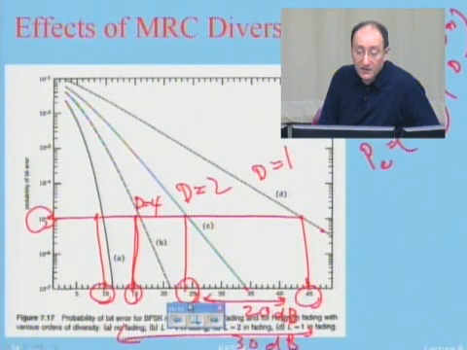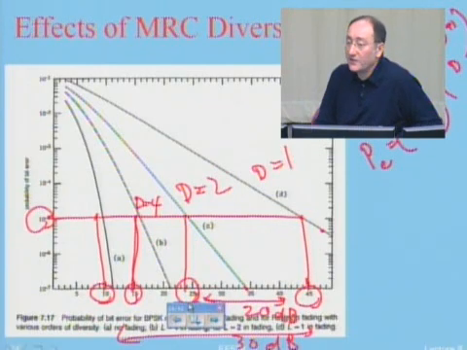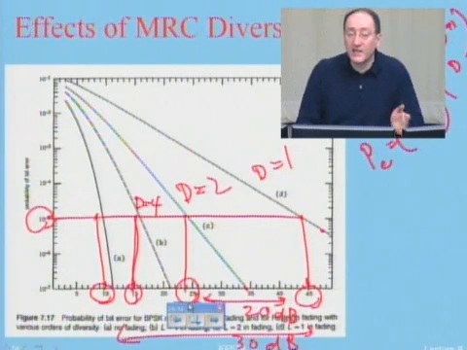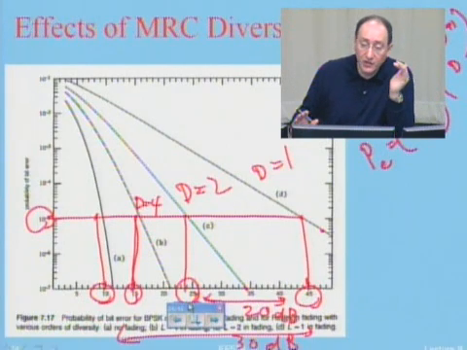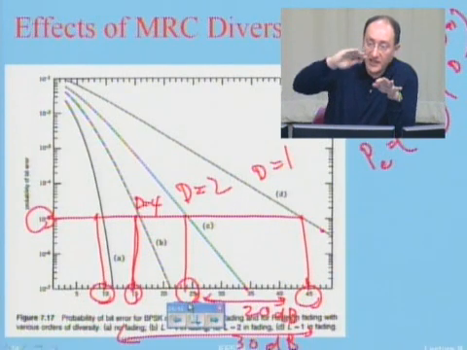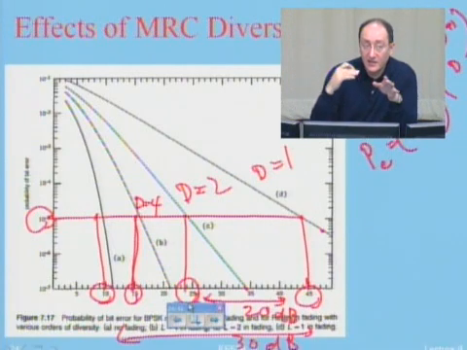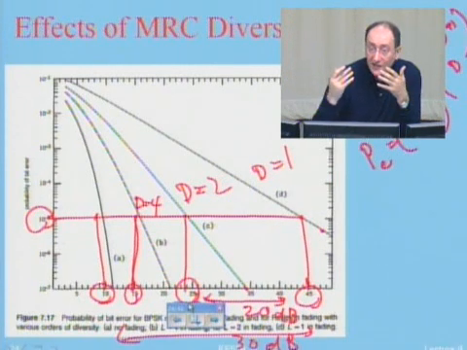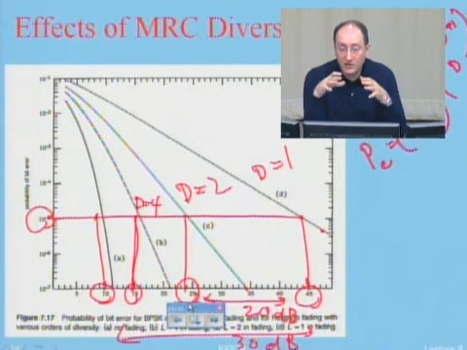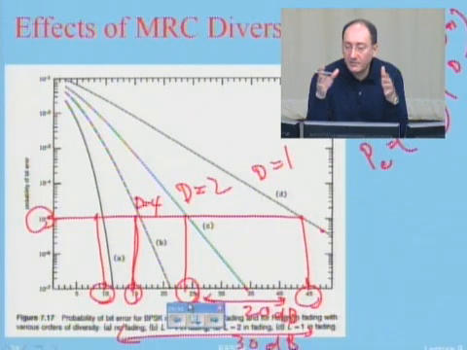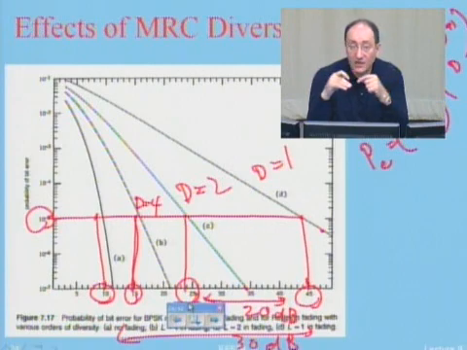Okay? Now, for different channels, they are different. For troposcatter ionosphere channels, where you hit the layers of the Earth and then you come back, they are very much like Rayleigh fading type of channel.